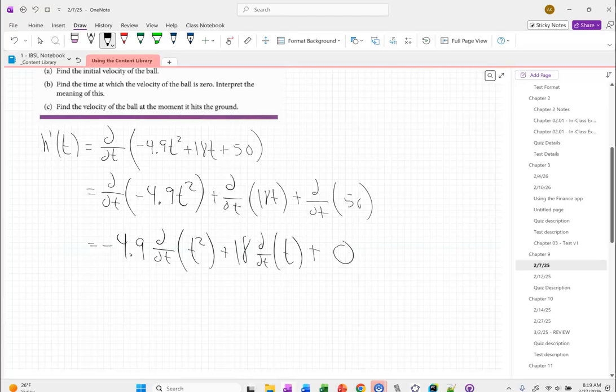What's the derivative of t squared? The derivative of t squared. I'm just going to wait until somebody answers, because somebody should be able to answer this.